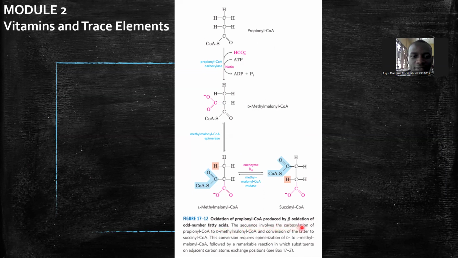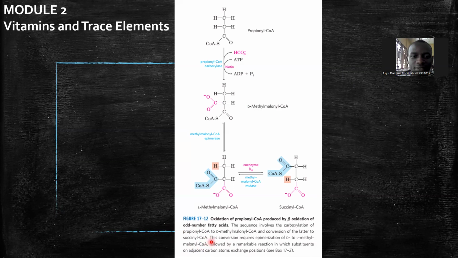The sequence involves the carboxylation of propionyl-CoA to D-methylmalonyl-CoA and the conversion of the latter to succinyl-CoA. You remember succinyl-CoA from your TCA cycle? If you don't remember, please refer back to our lecture on the TCA cycle. Succinyl-CoA is produced from succinate, right?